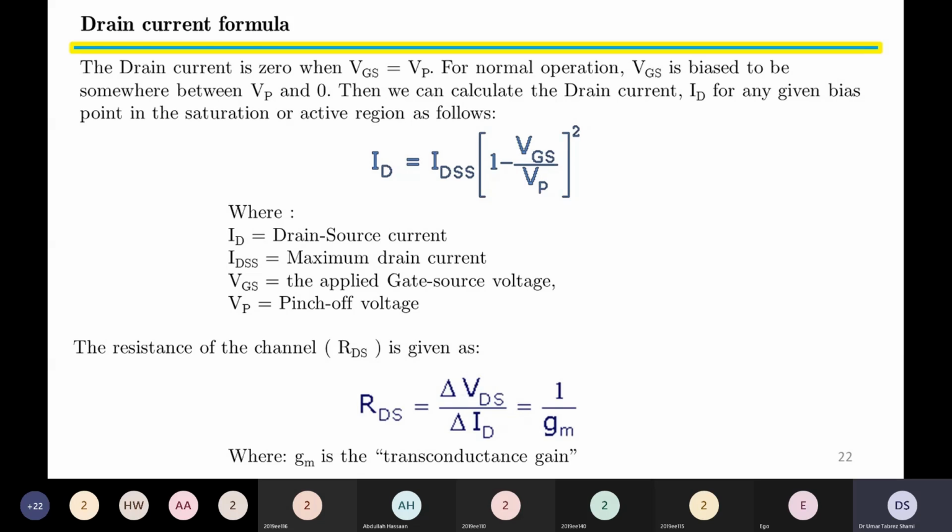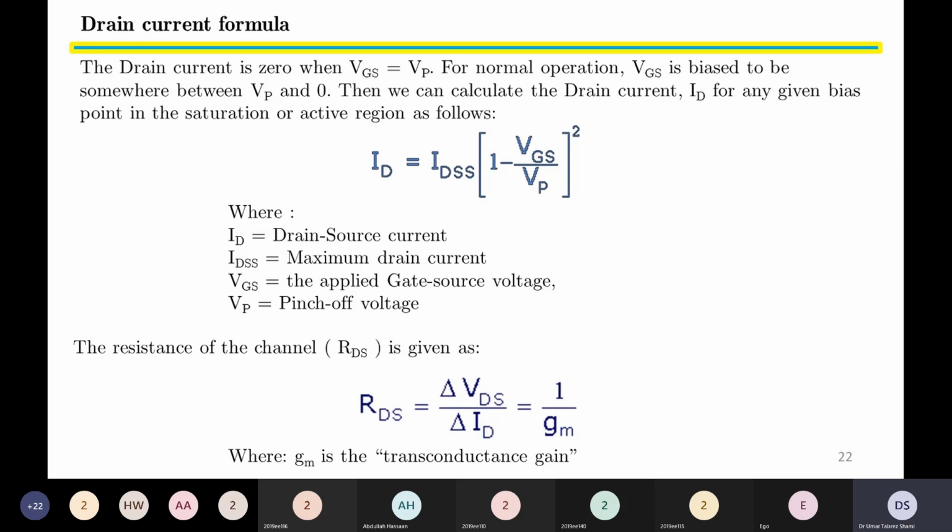Pinch off voltage is the gate to source voltage that will not allow any current to flow from drain to source. So the voltage at which current stops flowing from drain to source is called the pinch off voltage.